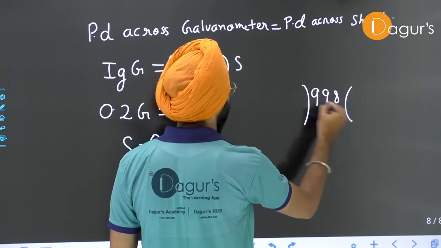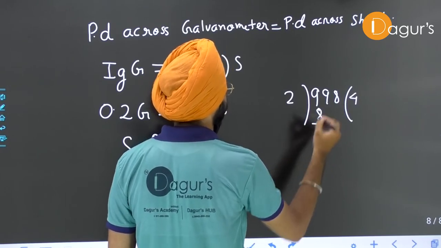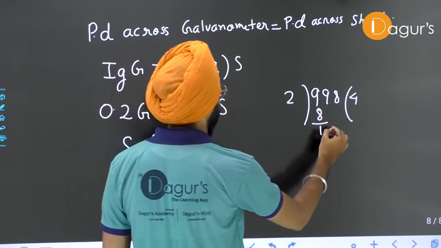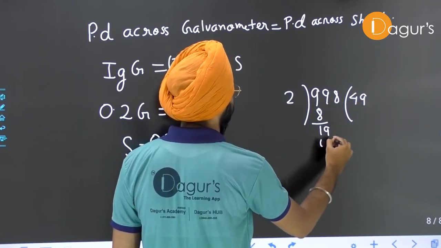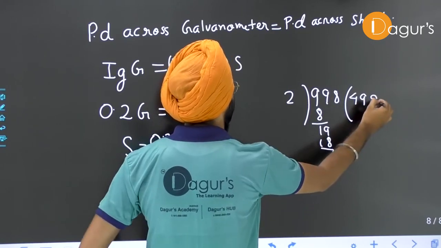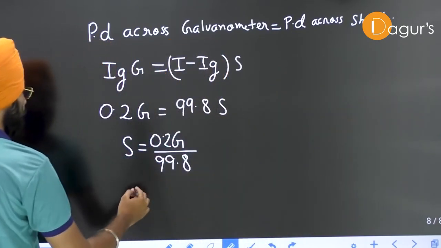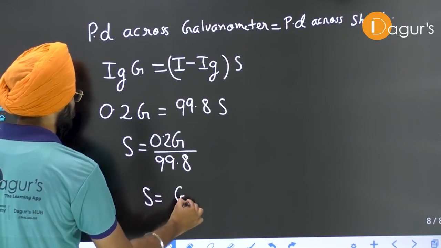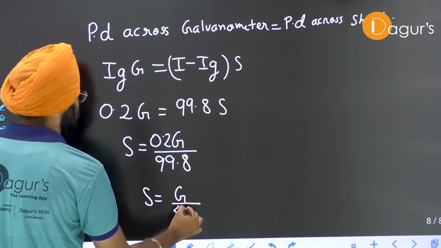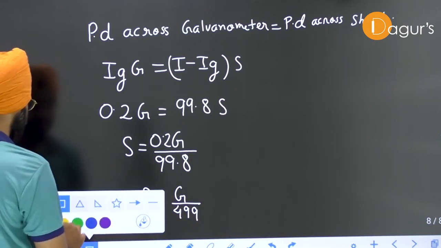If we divide it by 2, 2 4s are 8, 2 9s are 18. So this is coming out to be G upon 499. Now this is not the resistance of the ammeter. This is the resistance of the shunt.